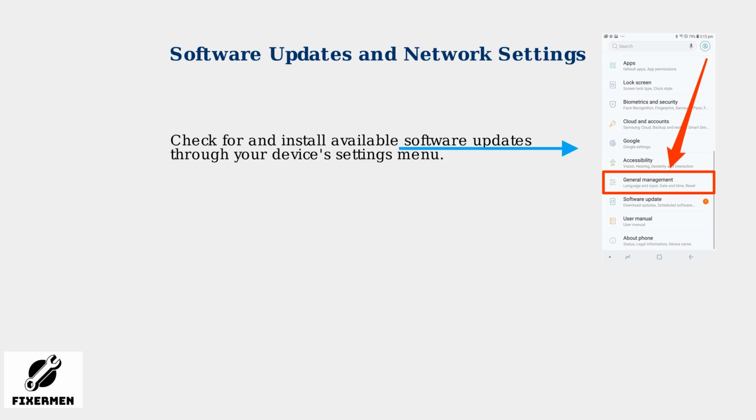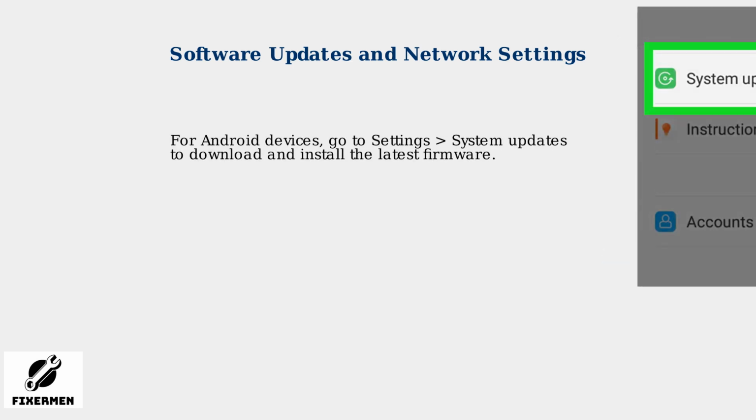Installing these updates often fixes compatibility issues with SIM cards and network protocols. On Android devices, specifically access Settings, then System Updates to check for and install firmware updates. These updates from manufacturers like Samsung or Google often include fixes for SIM card errors and improved network compatibility.